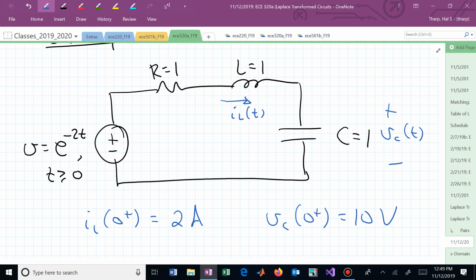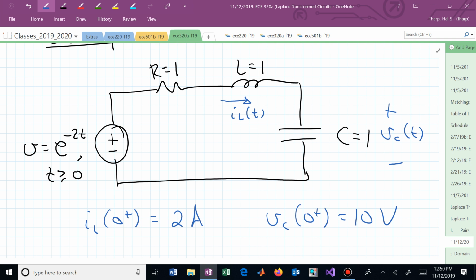Question? So now can I assume that the inductor is a wire and the capacitor is open? Now essentially what we're doing is we have maybe external circuitry around this circuit establishing these initial conditions. And then when t equals 0, the switches get thrown in such a way that for whatever reason the current in that inductor is 2 and the voltage dropped across that capacitor is 10.